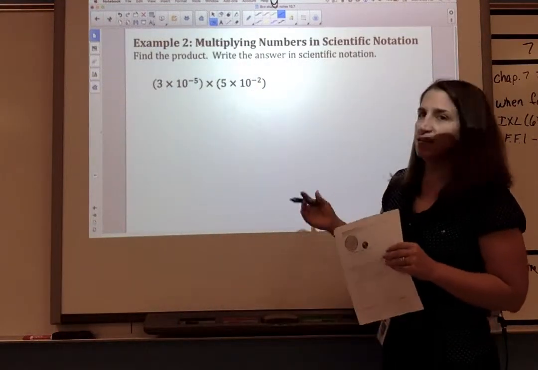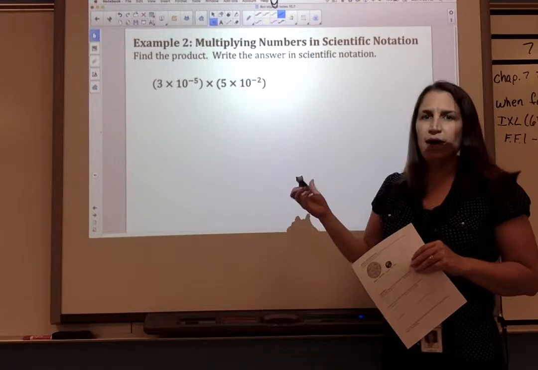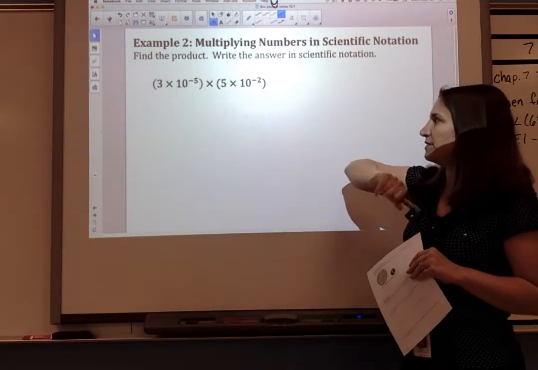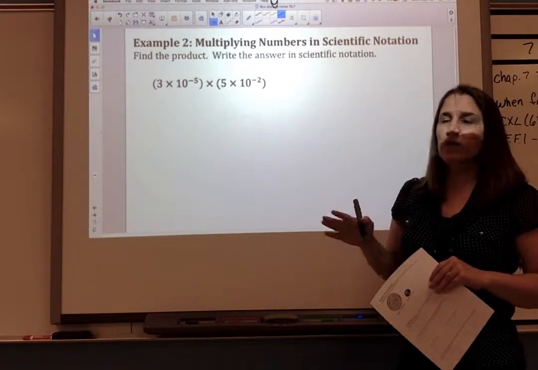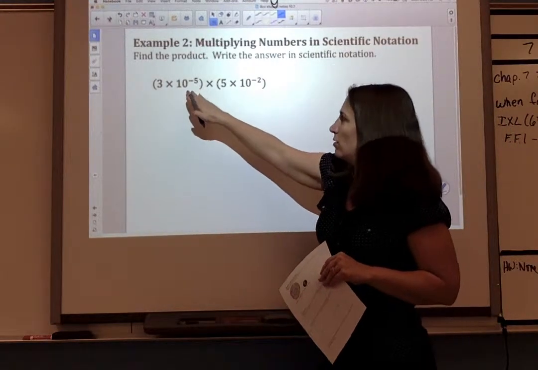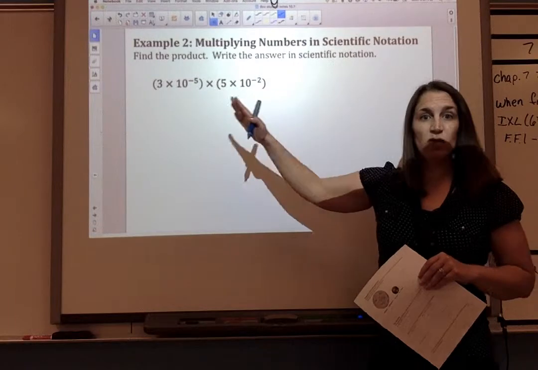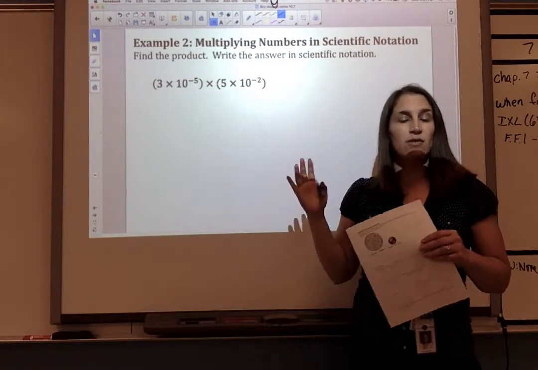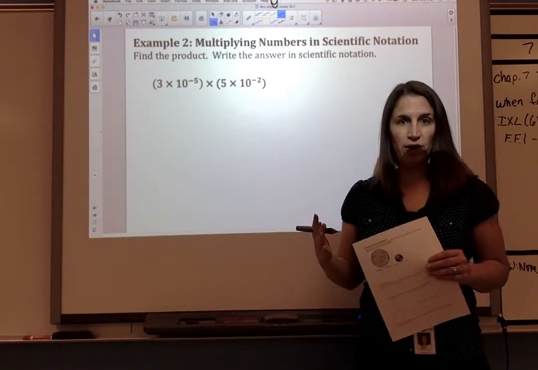So let's look at this example where we're multiplying 3 times 10 to the negative fifth and 5 times 10 to the negative second. So this is really just all straight multiplication, right? So we could think about the commutative property and the associative property tells us we can move these around and group them however we want.